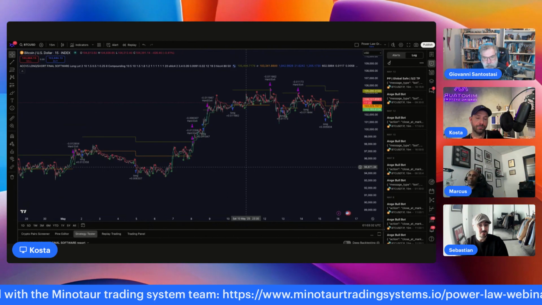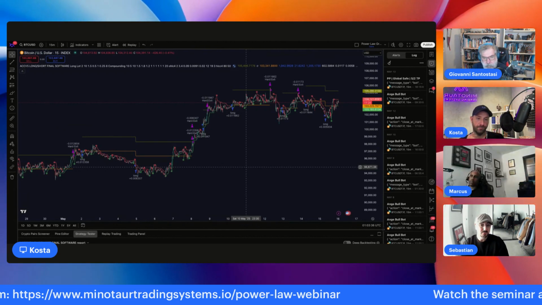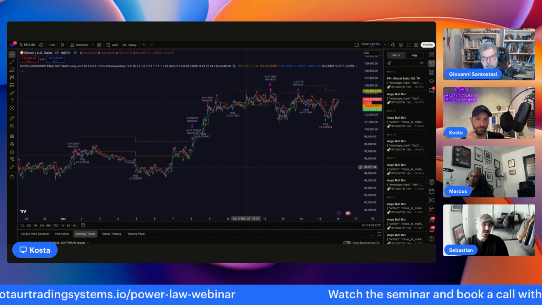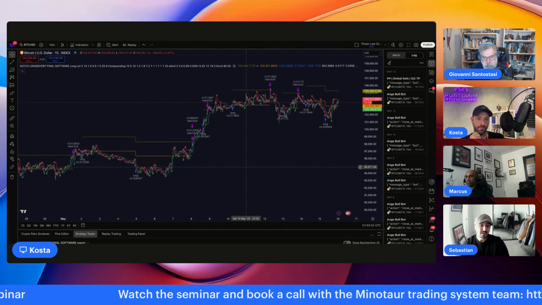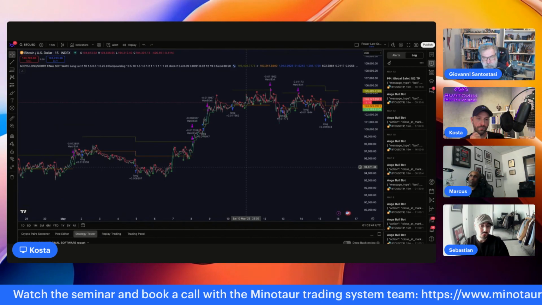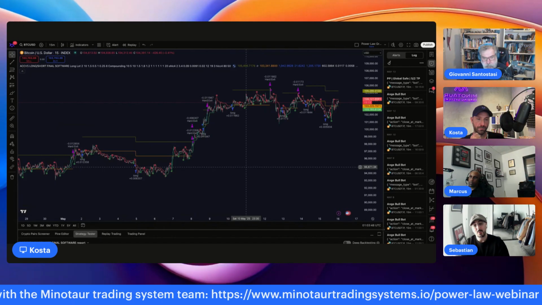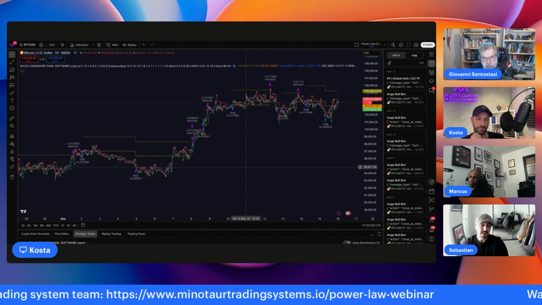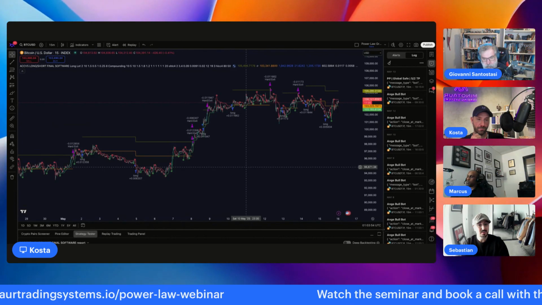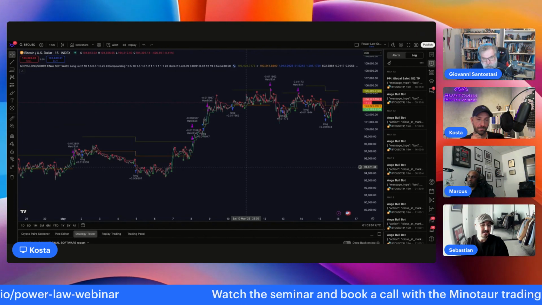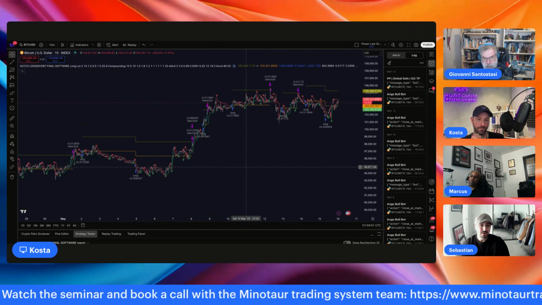So the key about the two settings that we set up is that, of course, the power law bottom is always respected and in mind. Now, what does this mean? Well, for the primary setup that we use, it means we can cover huge gaps in Bitcoin's price and also protect the capital that's in the account all the way down to the power law bottom. So as we know, even though Bitcoin's volatility is dwindling over time, slowly getting less and less, this doesn't mean it doesn't have the ability to have 30 to 50% corrections, right?